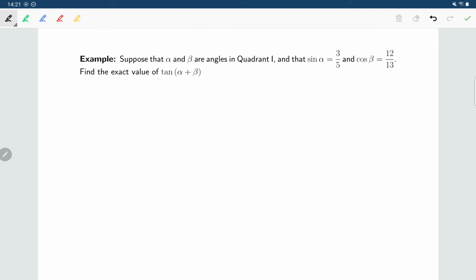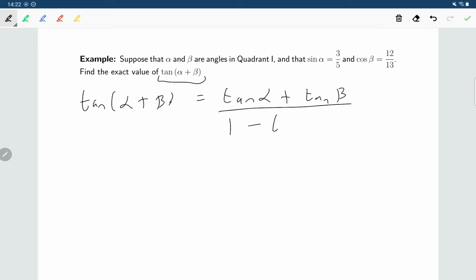If I'm thinking about the question itself, tangent of alpha plus beta, I know that tangent of alpha plus beta is going to be defined in terms of tangents of alphas and tangents of betas. Because if you're remembering the formula for tangent of alpha plus beta, that would have been tangent of alpha plus tangent of beta over 1 minus tangent alpha tangent beta.